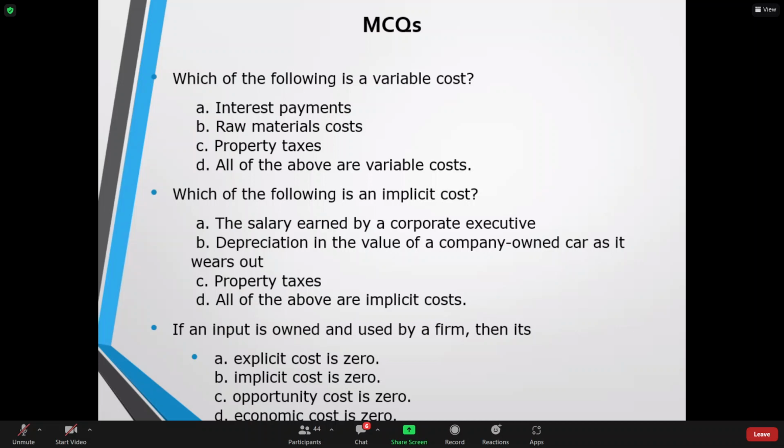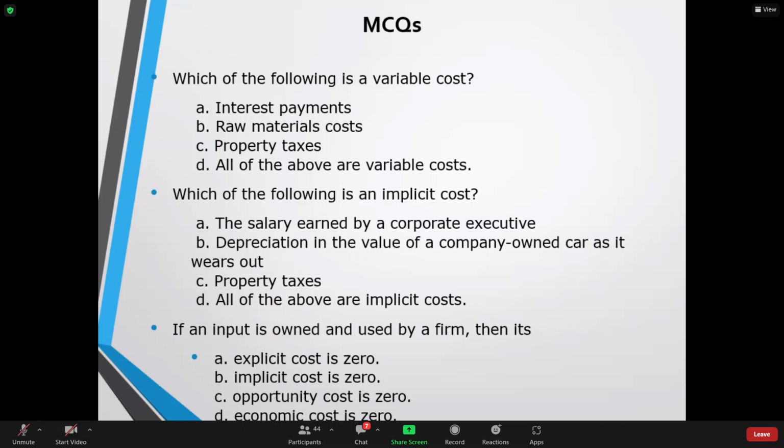Property tax or rent. Interest payments, whether the production is there or not, we will have to pay, right? Or we rent a building, right?